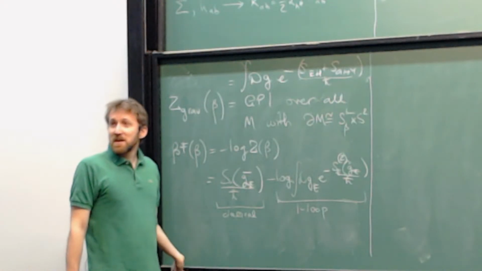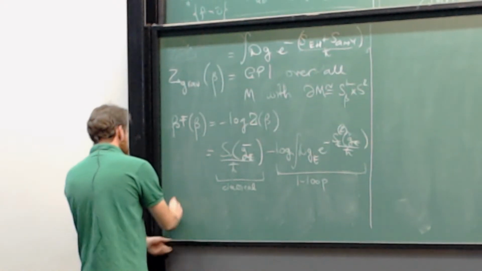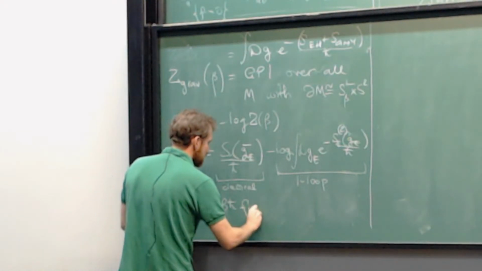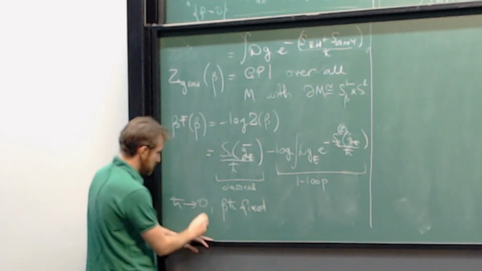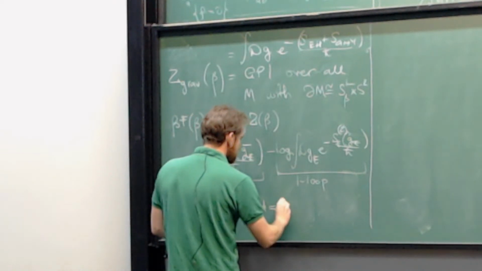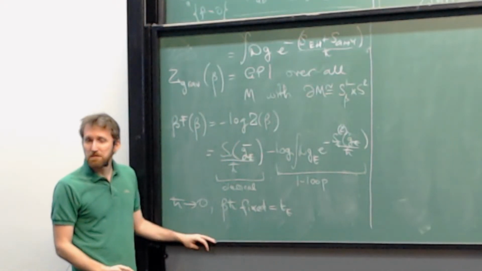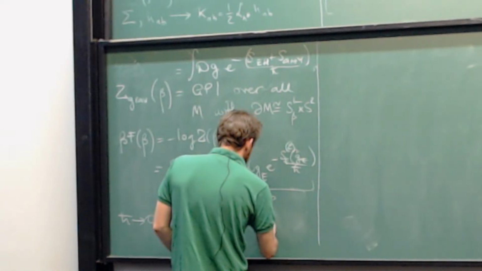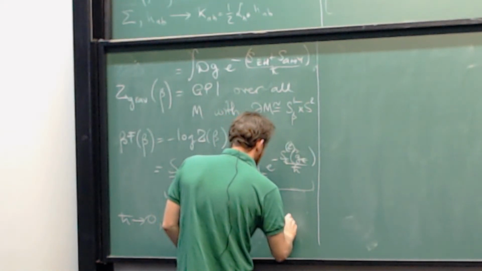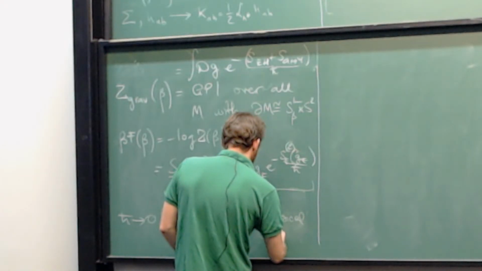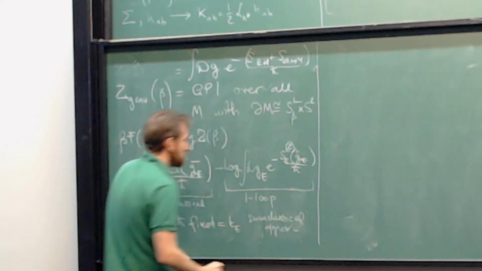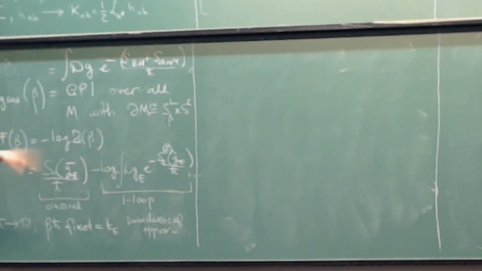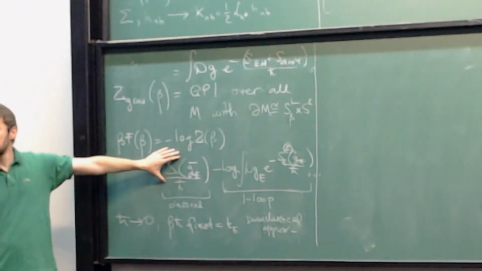So now I do the semi-classical approximation. I take h bar to 0 while keeping h bar beta fixed, because it was literally here. This is T Euclidean by construction. So this is called the semi-classical approximation. In the semi-classical approximation, all these corrections I can ignore, and this is the leading contribution.